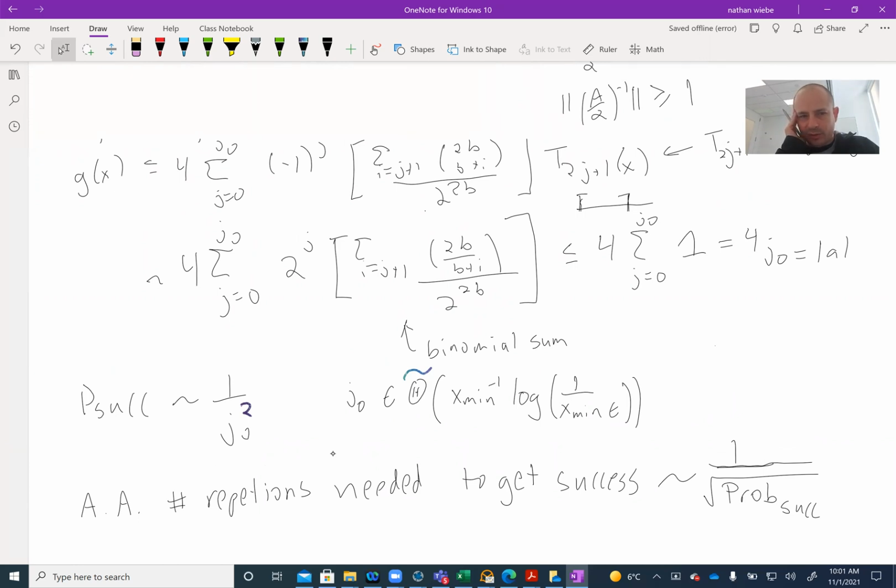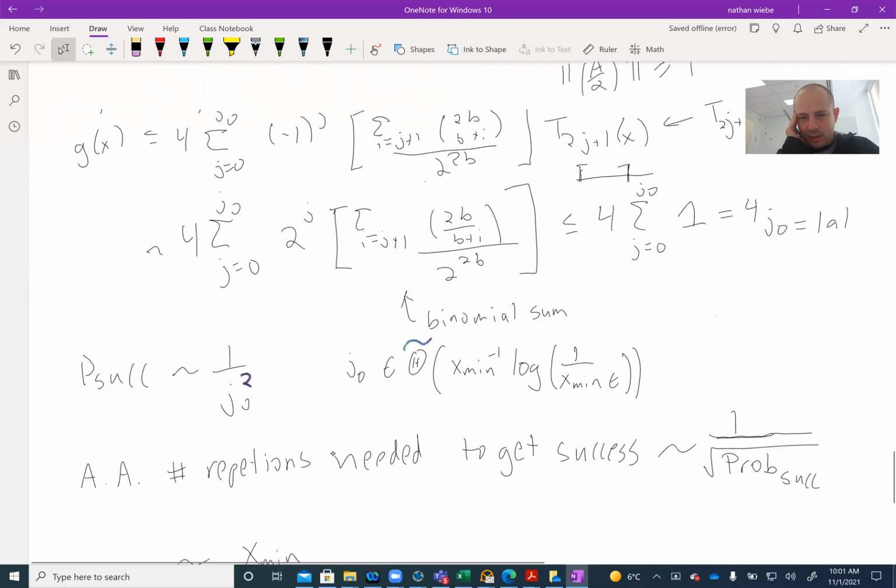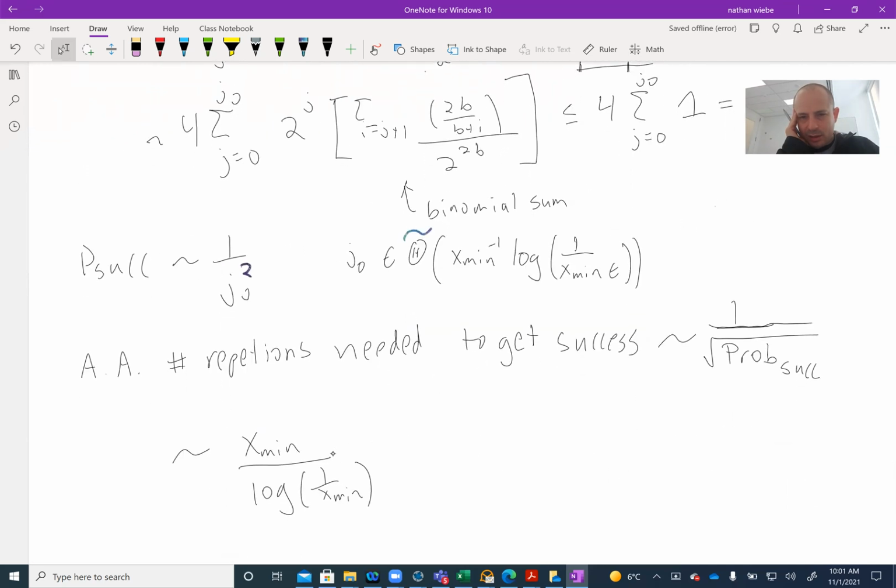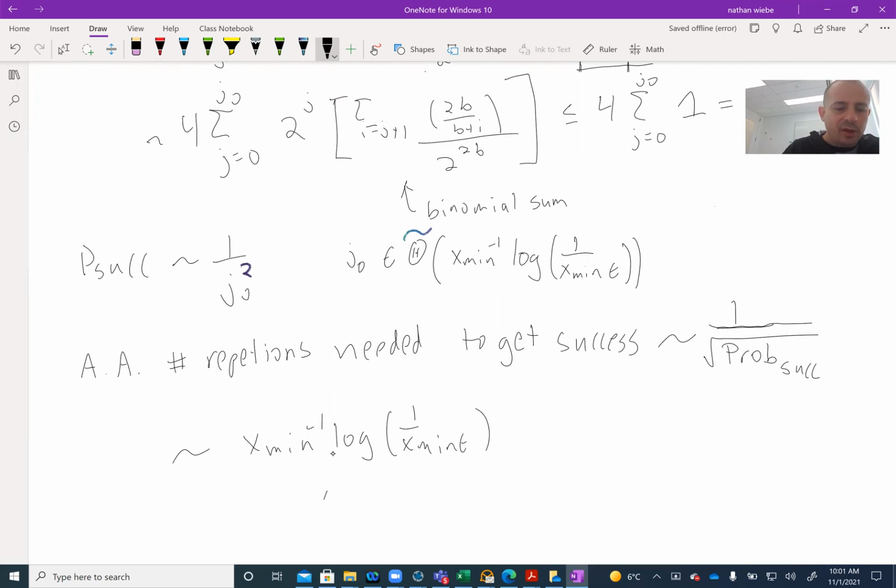Root the probability of success. The probability of success should end up going like, no, okay, sorry, I made a reciprocal error here. This ends up just going like x min inverse log 1 over x min epsilon, and no tilde.